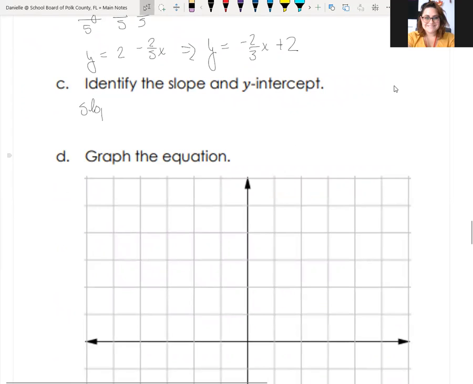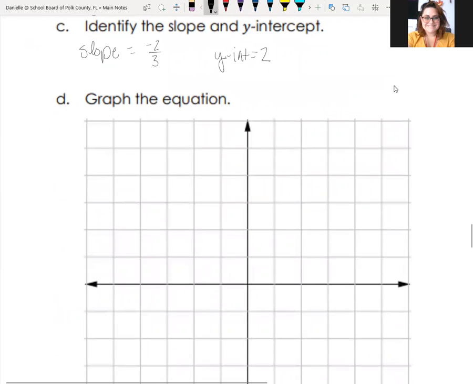Slope is the one next to x, so that's negative 2/5. And our y-intercept is the random number by itself, so 2, meaning I'm going to go straight up to 2 and put a dot. Now this one says go, remember, y over x, so negative 2 over 5, meaning I need to go down 2, but still keep a positive 1, 2, 3.